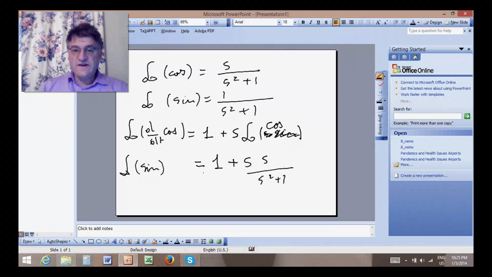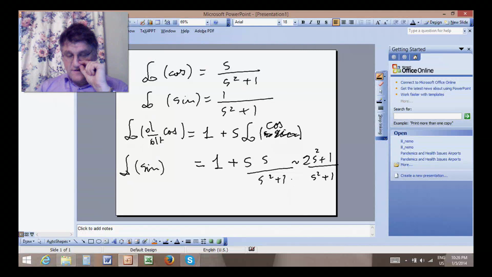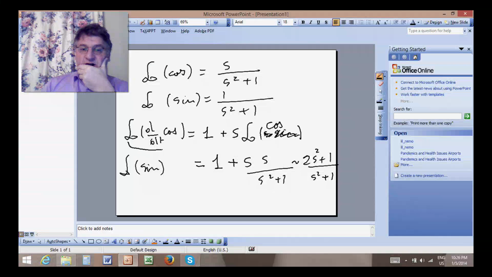Now, we get a mistake here, because that would be equal to 2s squared plus 1 divided by s squared plus 1. So where did this come from? Well, it probably came from our definition here and our findings on the Laplace transform of the time derivative.